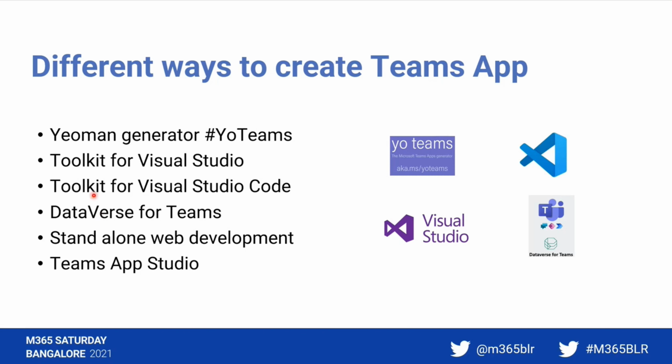One of them is the Toolkit for Visual Studio Code. This is the extension which is the main title of our topic, through which we would be able to create a Teams app. Then you can also use Dataverse for Teams for creating a quick Teams app, which is more or less using Dataverse as your database and Power Apps as your front end, to connect your application to Dataverse and surface it into Teams itself.